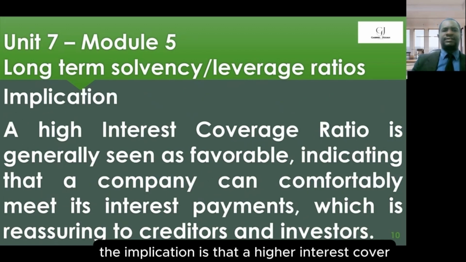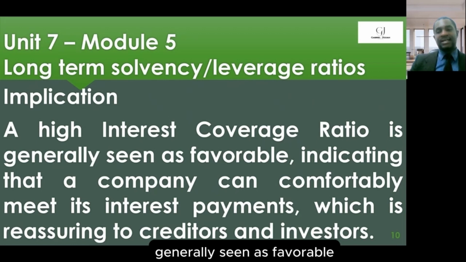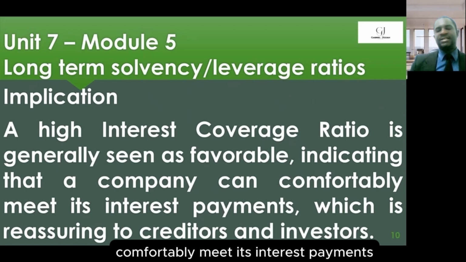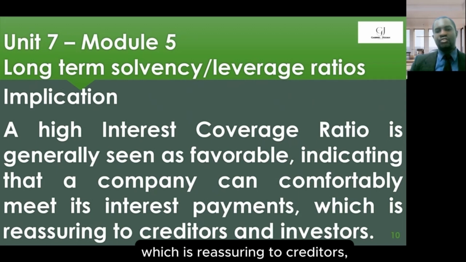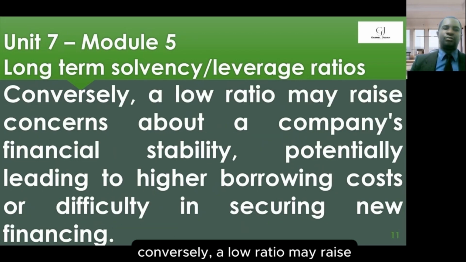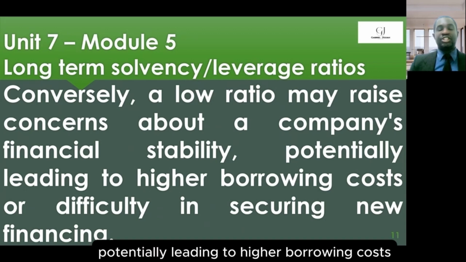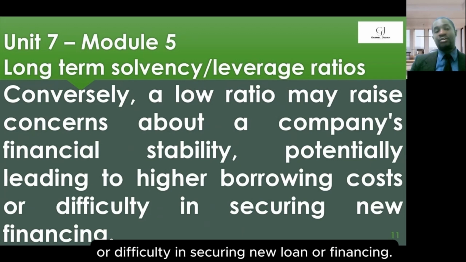The implication is that a higher interest cover, generally seen as favorable, indicates that a company can comfortably meet its interest payments, which is reassuring to creditors, loan providers, and investors. Conversely, a low ratio may raise concerns about a company's financial stability, potentially leading to higher borrowing costs or difficulty in securing new loan financing.